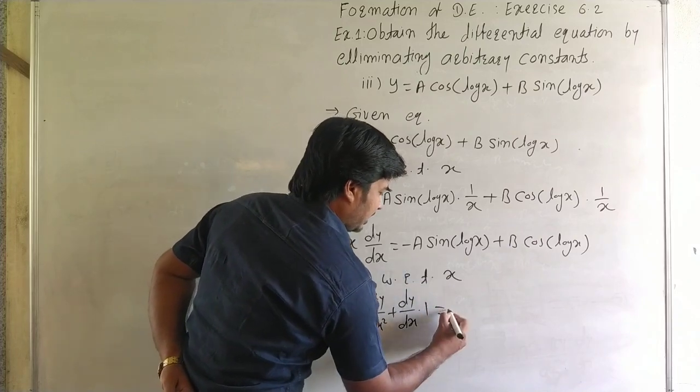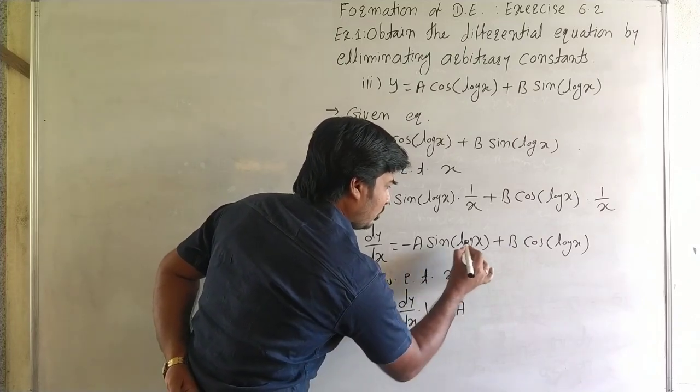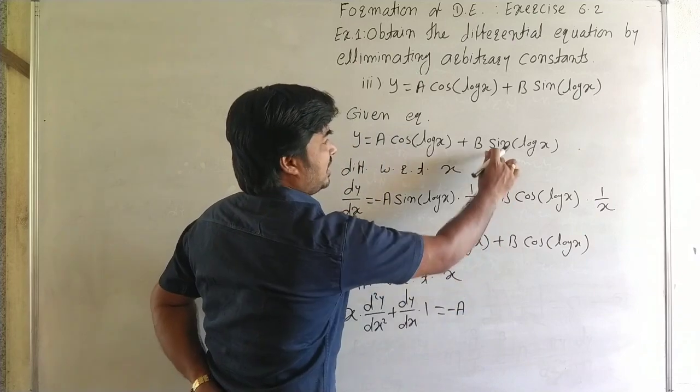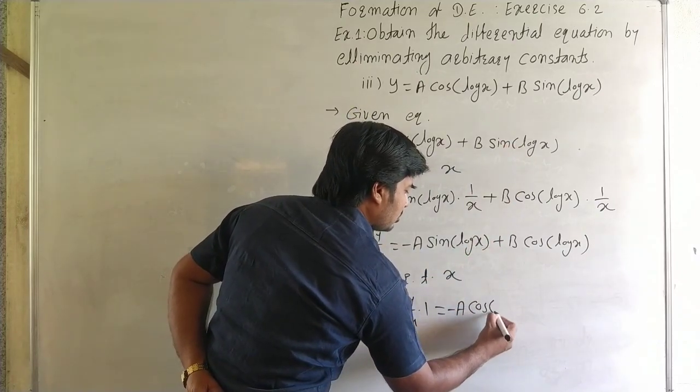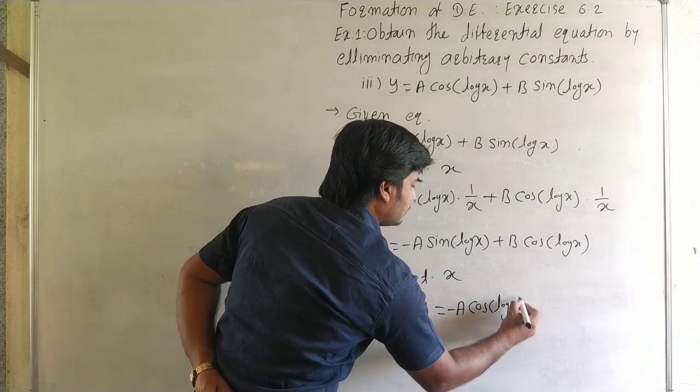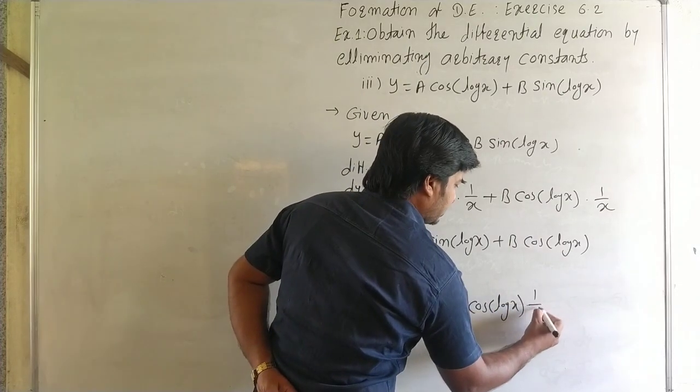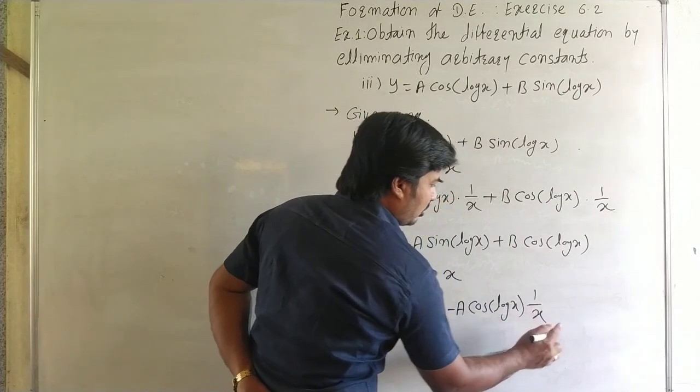Now here it is minus a sin of log x; again differentiate the sin of log x, the derivative of sin of log x is cos of log x into 1 by x, which is the derivative of log x.